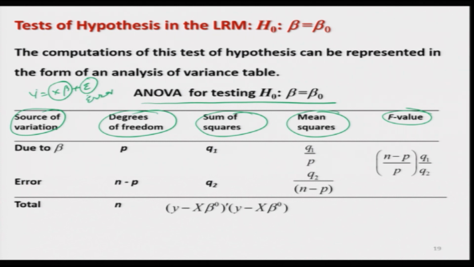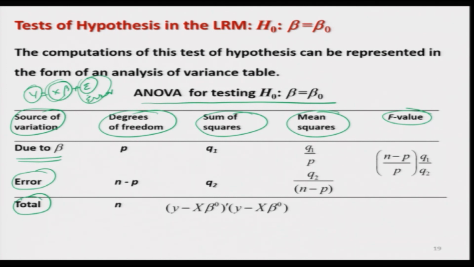So, the total variation in y can be divided into two orthogonal parts: one due to x beta, which we write here as due to beta, and another part due to random error, which we call error.